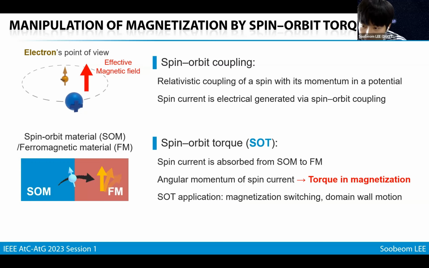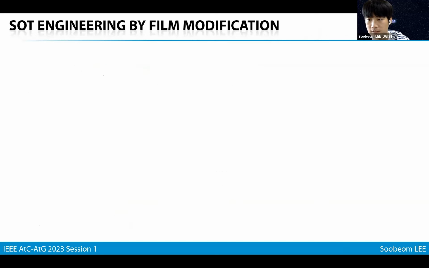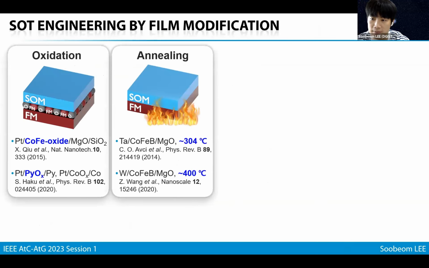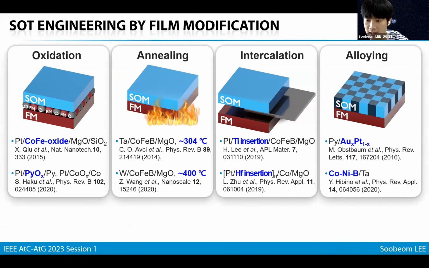Actually, the spin orbit torque is widely applied in magnetization switching and domain motion. Therefore, spin orbit torque is an essential tool to electrically manipulate magnetization. Until now, much effort has been devoted to spin orbit torque engineering, almost always by modifying film structure, such as partial oxidation of a ferromagnetic layer, annealing the film, sub-nanometer intercalation, alloying, and so on.